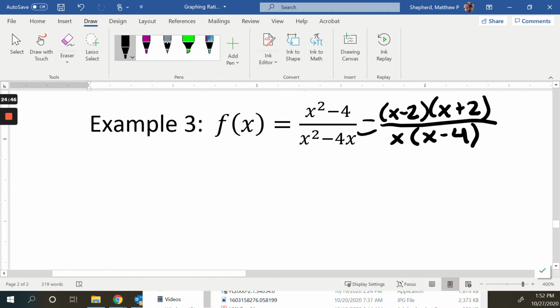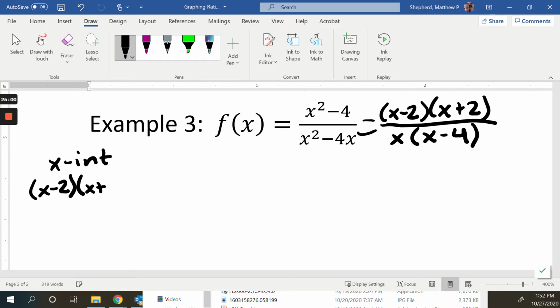and we know that that's our equation, let's start with the x-intercept, which is going to happen where the numerator is equal to 0. So when x minus 2 and x plus 2 is equal to 0, well, that should happen in two places. When x is equal to a positive 2 and when x is equal to a negative 2.